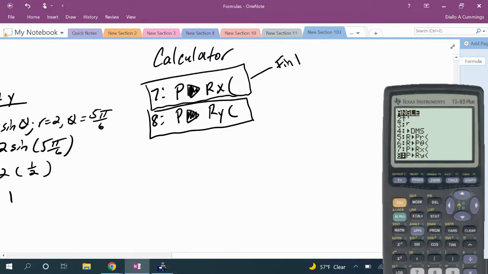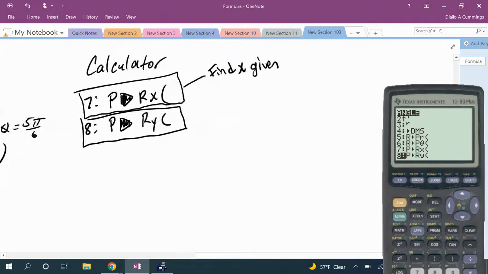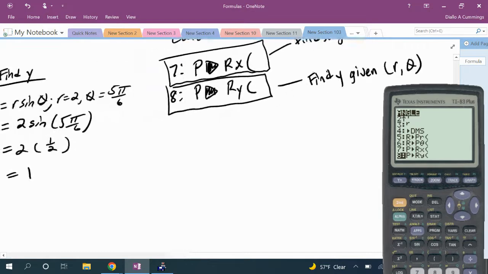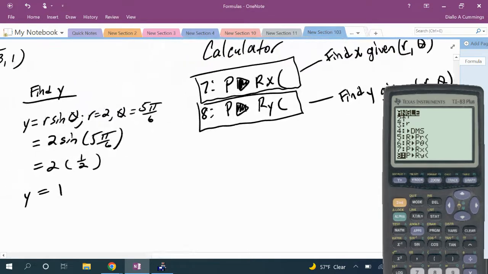This is to find x given r and theta. The eighth function is to find y, but you have to give it r and theta. All right, so we're going to check what we just did by hand using the calculator.